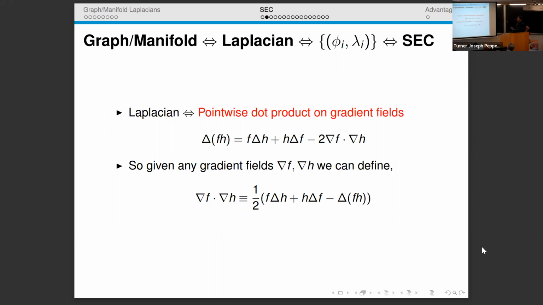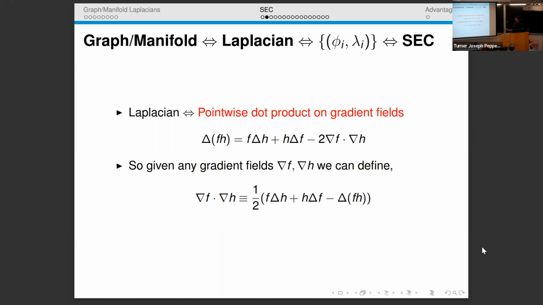But then you get a correction to the product rule because it's a second order differential operator, and this correction involves this dot, which is really the Riemannian metric on a manifold. So here's the Riemannian metric between two gradient fields. If I have two gradient fields, I can compute their dot product as long as I can compute the Laplacian. Okay, so we turn this formula around and we say, aha, the Riemannian metric of two gradient fields is just this formula.